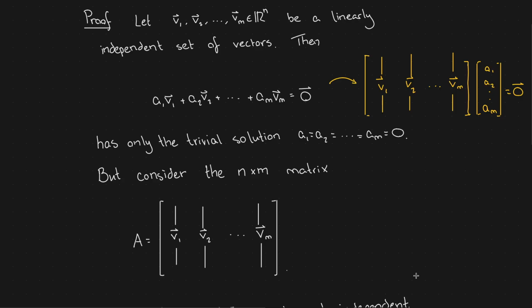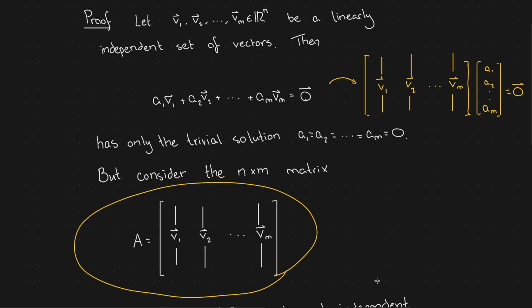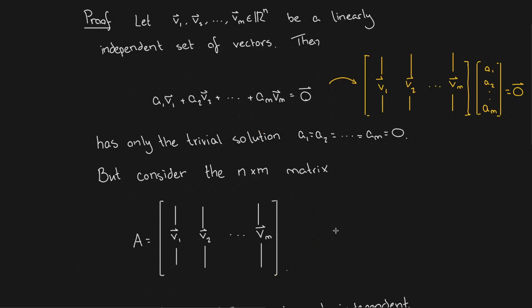So the rank of this matrix determines the number of solutions to our homogeneous equation. But because these vectors, v1 to vm, are linearly independent, we have only the trivial solution here. a1, a2, all the way to am must all be 0. And so the rank of this matrix must be equal to m.